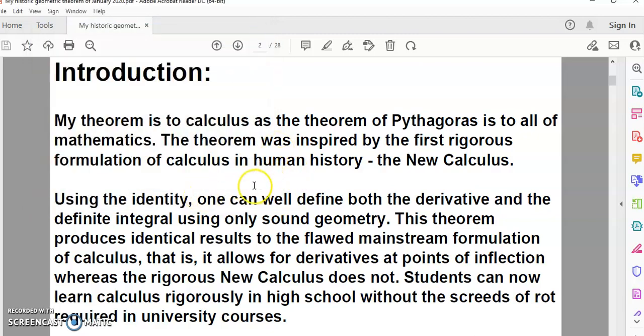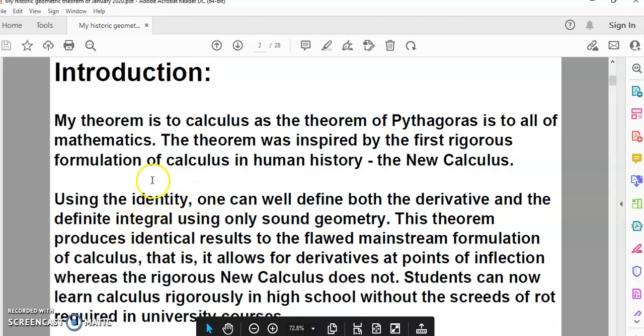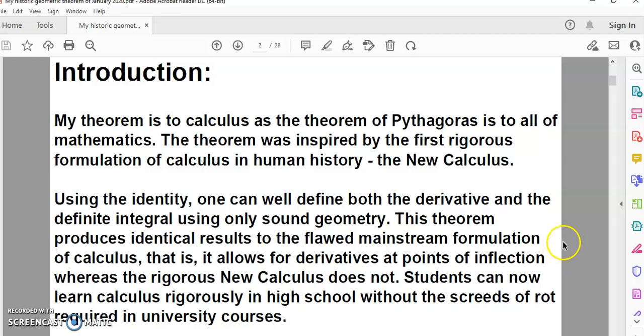Now, you've seen in previous videos how I have given you bits and pieces, not all integrated into one fine article. And this is what I've done here. So basically my theorem is to calculus as the theorem of Pythagoras is to all of mathematics. And it was of course inspired by the first rigorous formulation, which is the new calculus.